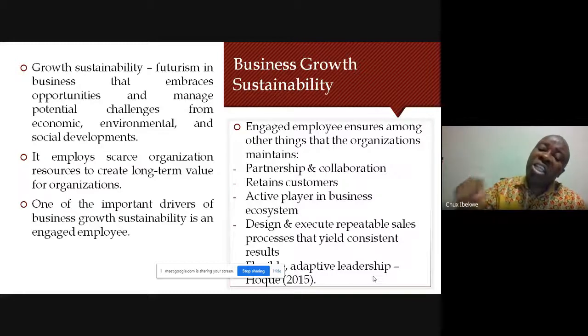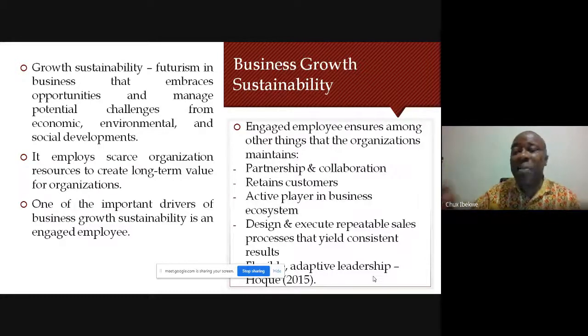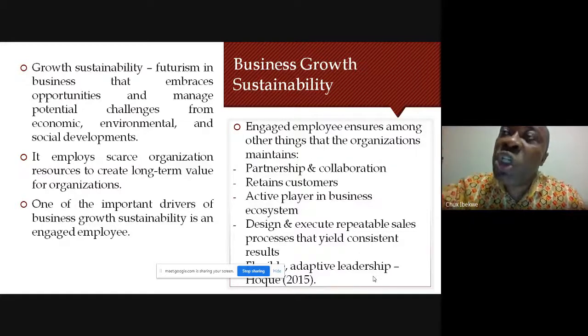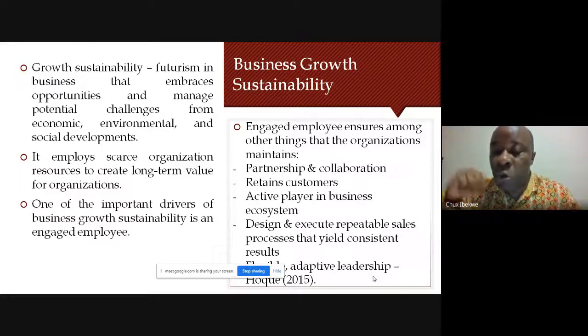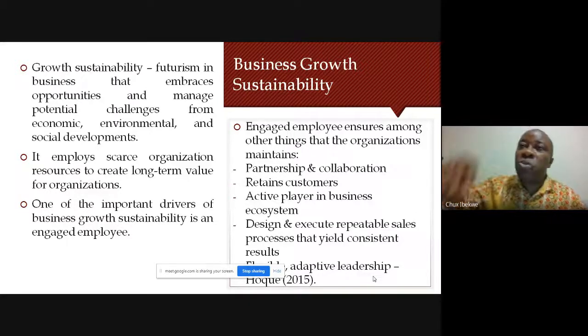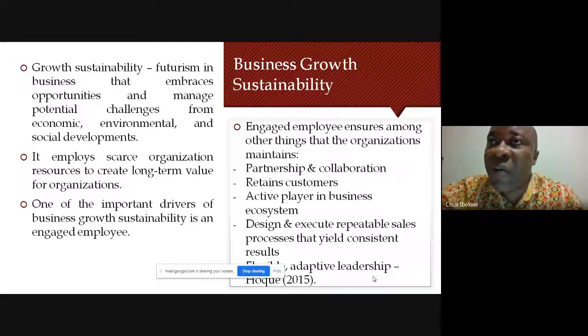Then you have a leadership that is flexible and adaptive. Flexible to allow employees to work from home. Flexible to bring in technologies that assist these employees to work from home. And then you can adapt, you can change your leadership style to suit the pandemic and other situations that would arise.